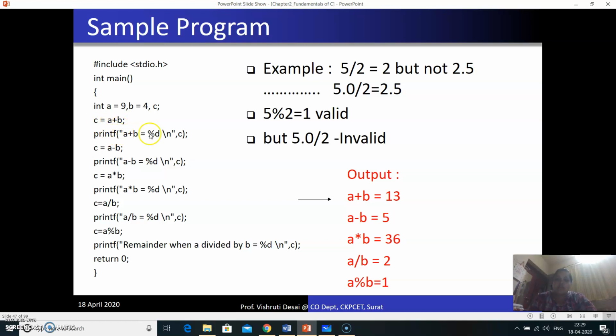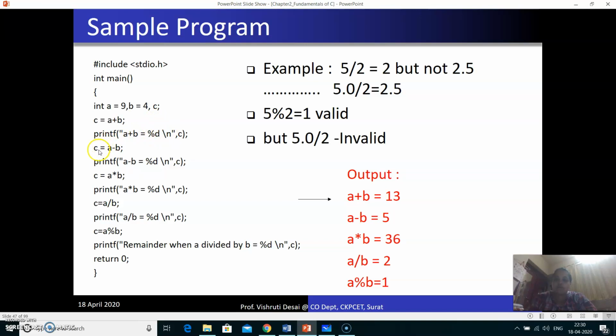In the printf, within the double quotes, you have to write whatever you want to print on the console. So I will write a plus b is equal to. Now after the a plus b, I want to print the result. Which variable do I need to print? Variable c. What is the data type of c? It is an integer, so I should write %d.